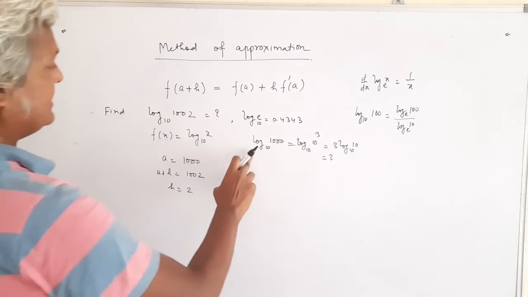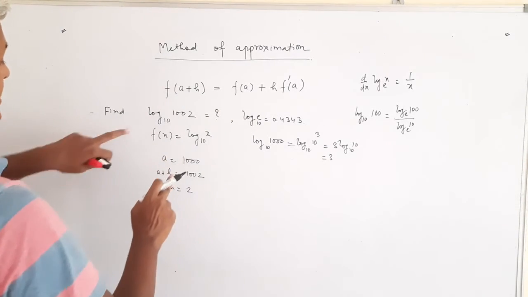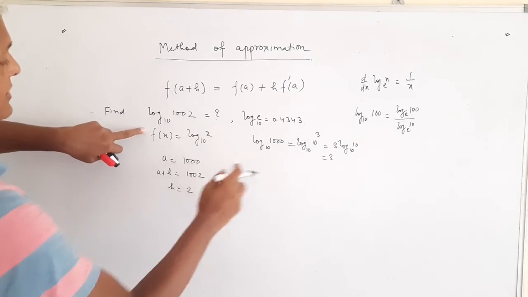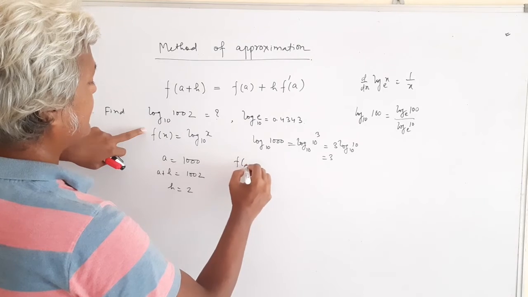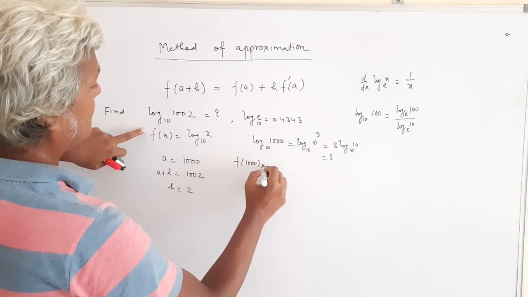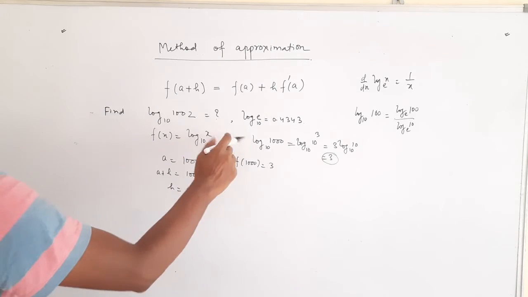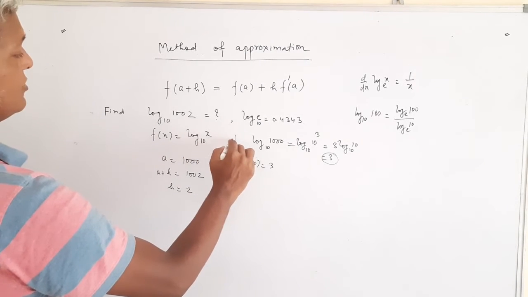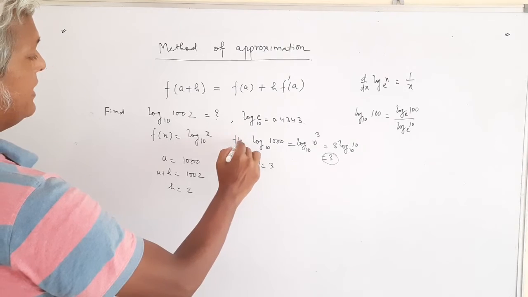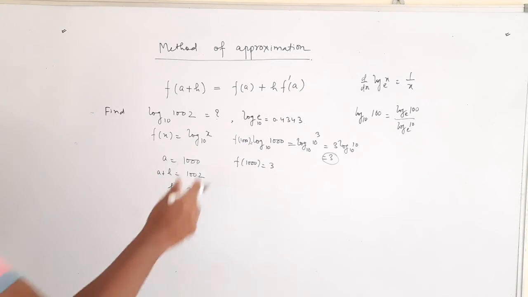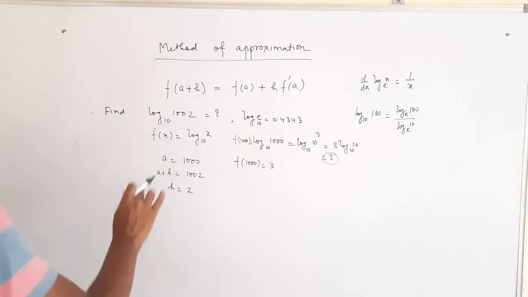Because this is our function f(x), f(a) is f(1000) here. The answer is 3, because this is what we have found here. So this is 3.